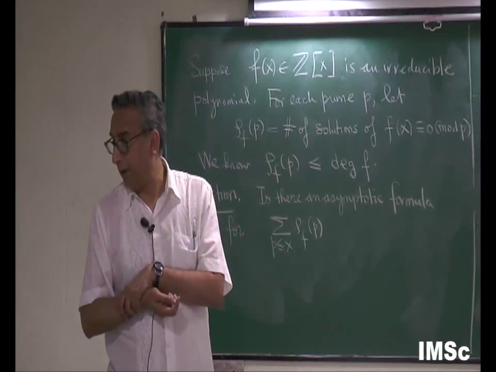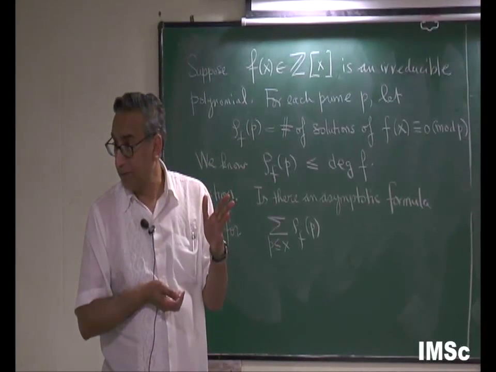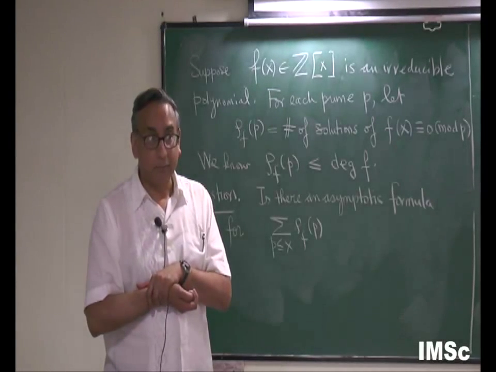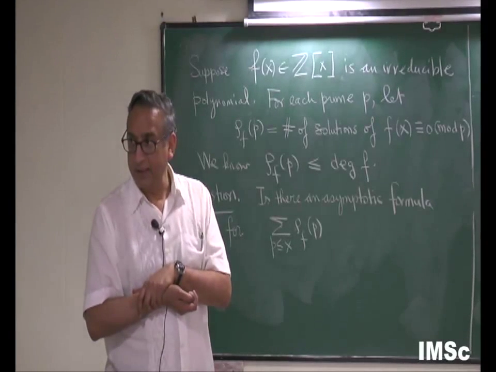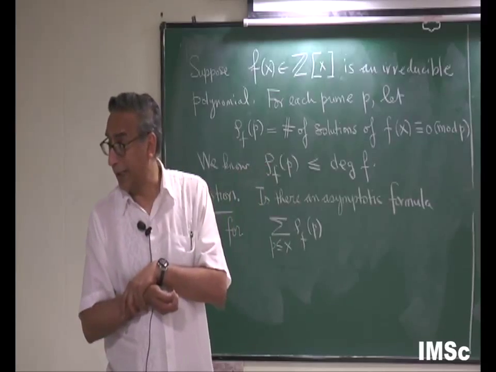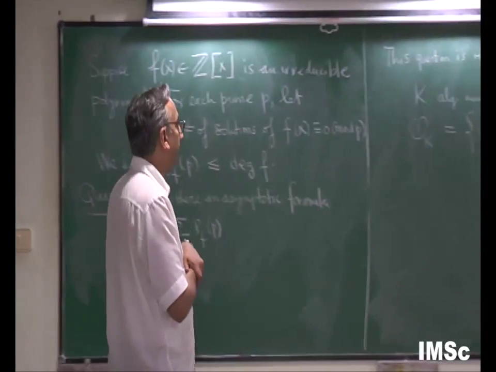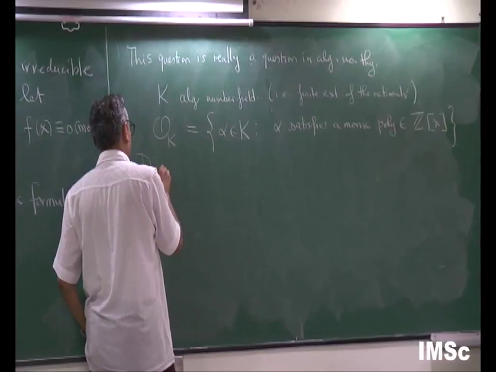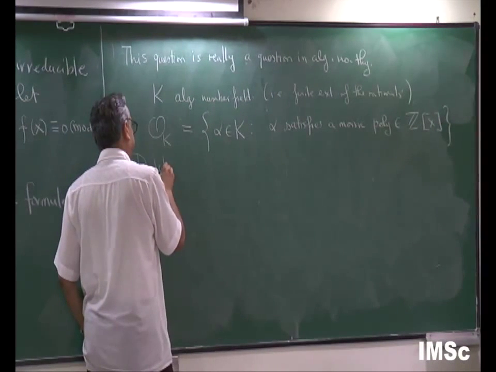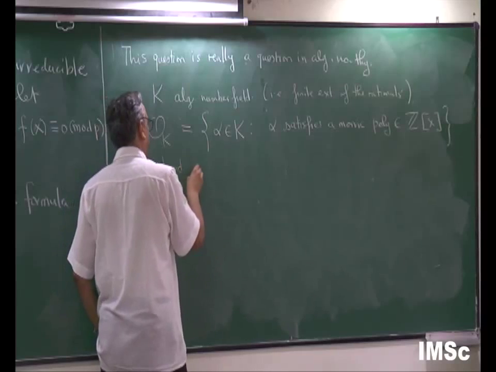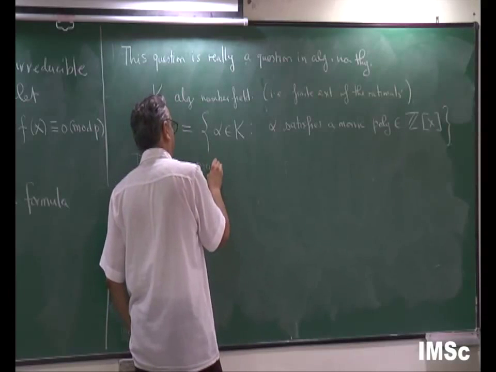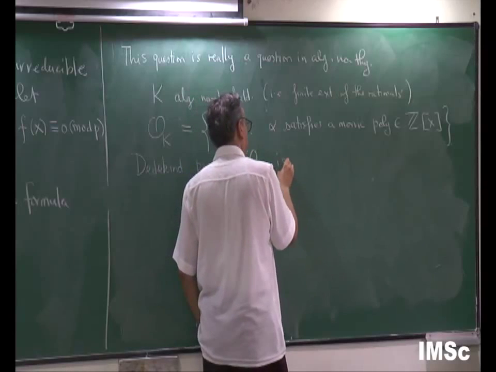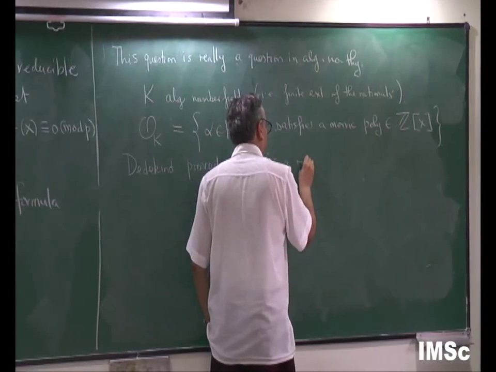you look at that totality, and it's a beautiful theorem of Dedekind that this set is actually a ring. So Dedekind showed O_K is a ring.